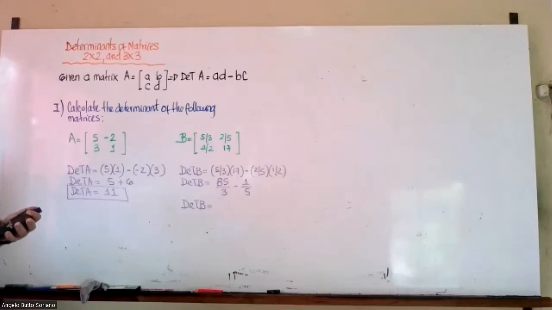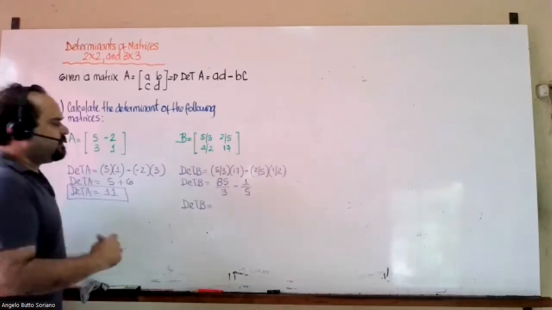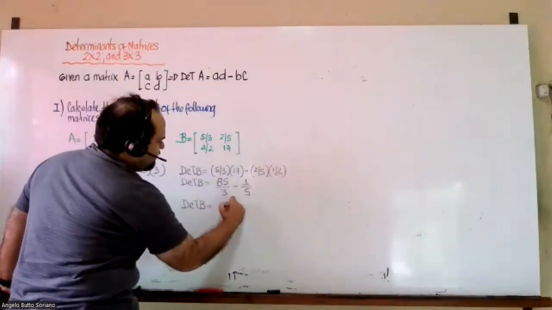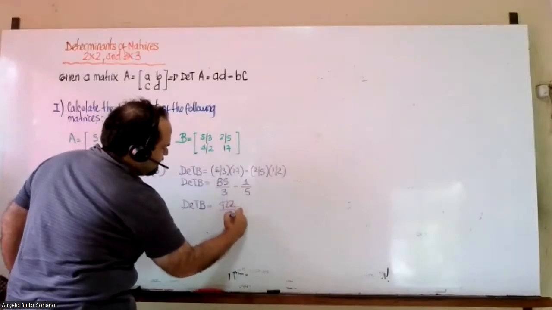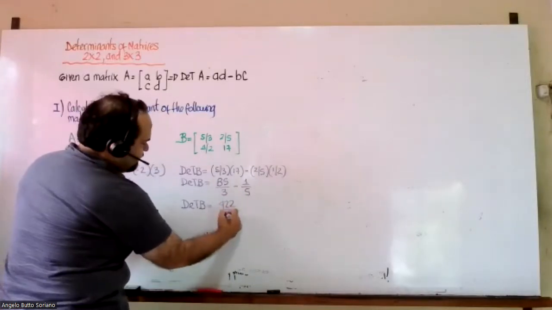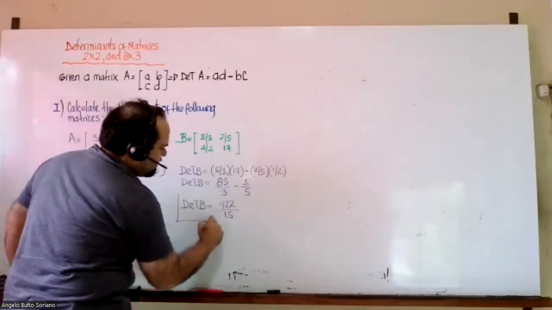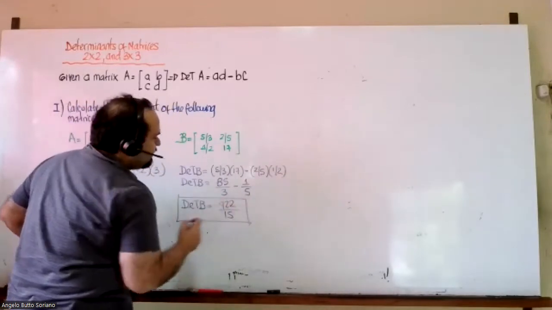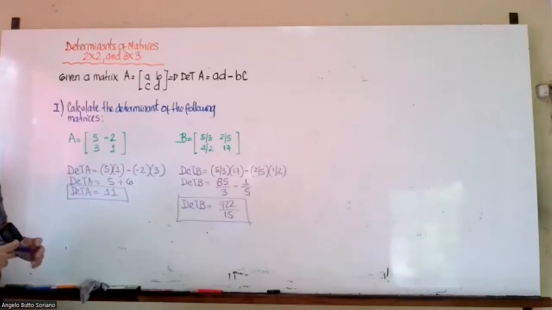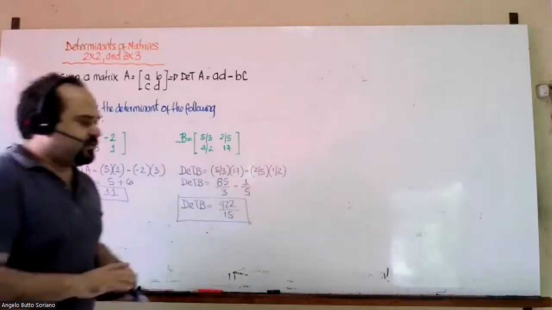The answer will be 422/15, sorry, 15. And this is going to be the solution set, at least for the matrices 2 times 2.